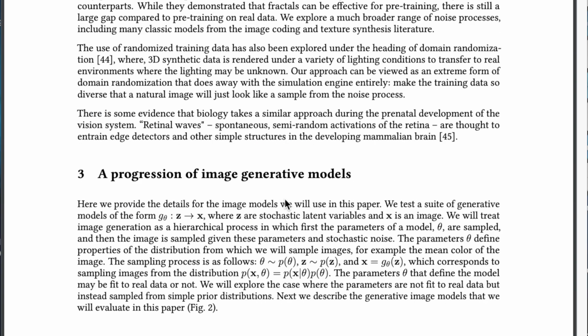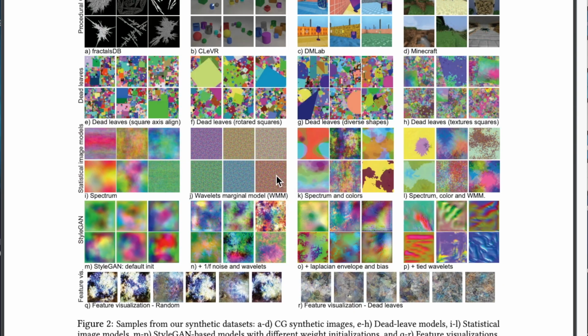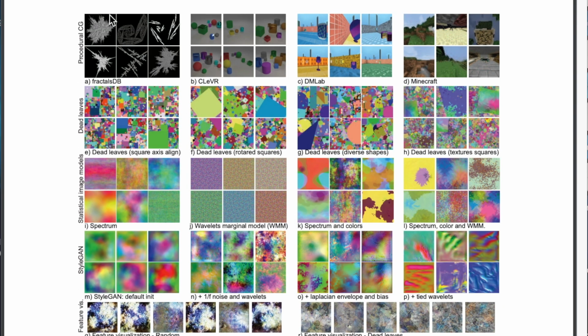So they're looking at these statistical generation models. They bring back the fractals DB. Dead leaves, the way I understand it, is you randomly assign squares onto different coordinates. They have their n for how big the square is, and then you generate the image and iterate on this until the entire image is filled with a square or a pixel from one of the squares. So that's what I think the dead leaves algorithm is.